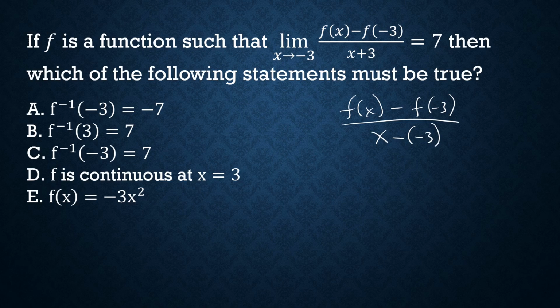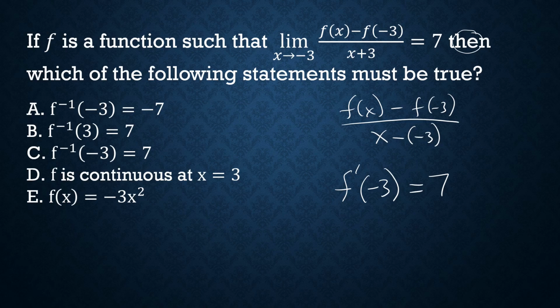So we're basically trying to find the slope of the tangent line at x equals negative 3 on f of x. If it equals 7, that's our slope right there. And basically what that means is the derivative function at negative 3 is going to give us 7. So the slope of the tangent line at negative 3 is going to be 7.